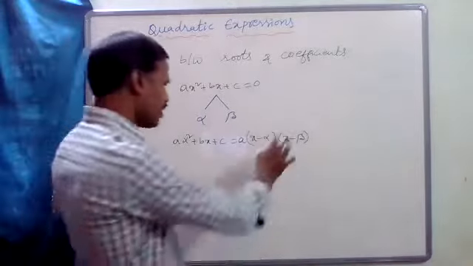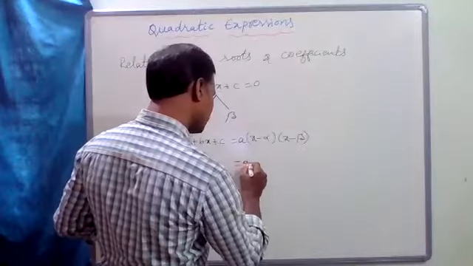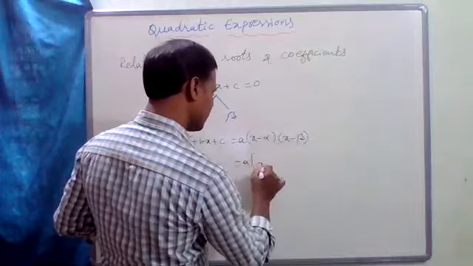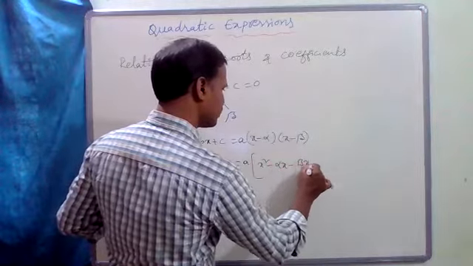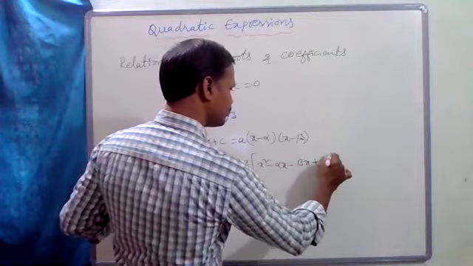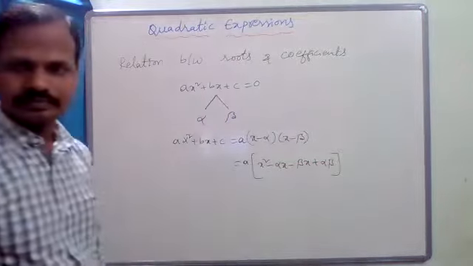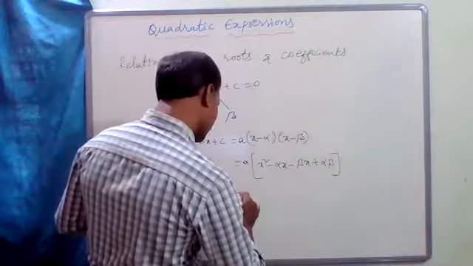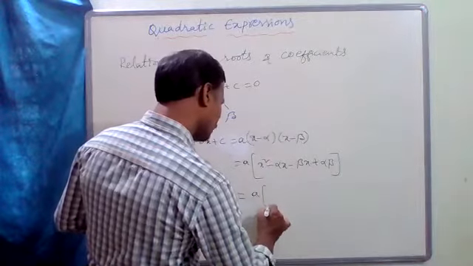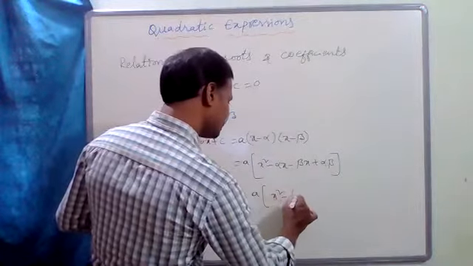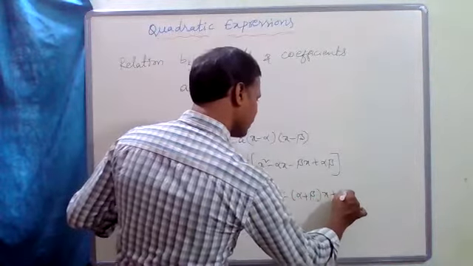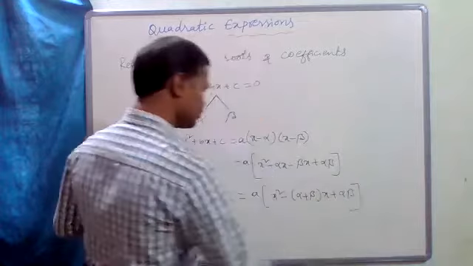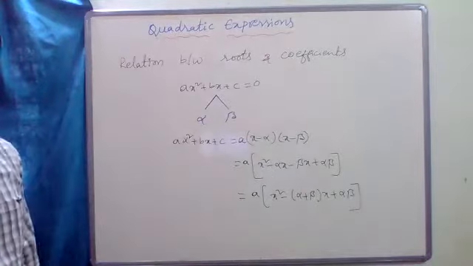Okay, fine. Now simplify this right side: a into x square minus alpha minus beta x plus alpha beta. Is it okay? Now this is equal to a into x square minus alpha plus beta into x plus alpha beta. Okay?